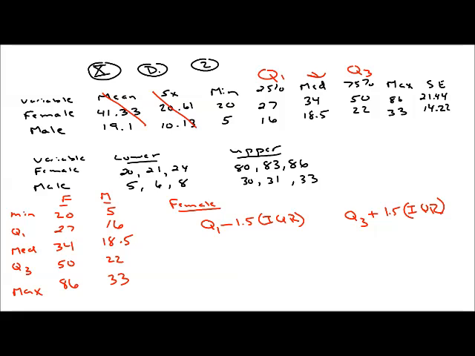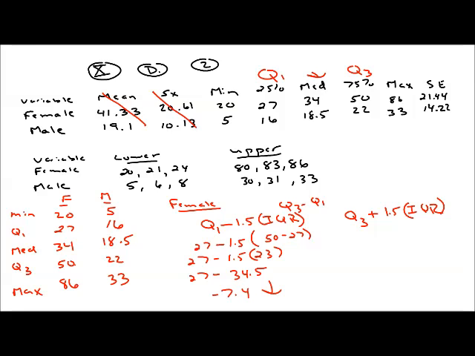Q1 for females is 27. IQR is Q3 minus Q1, so it is 50 minus 27, which is 23. 1.5 times 23 is 34.5. So 27 minus that is negative 7.5.